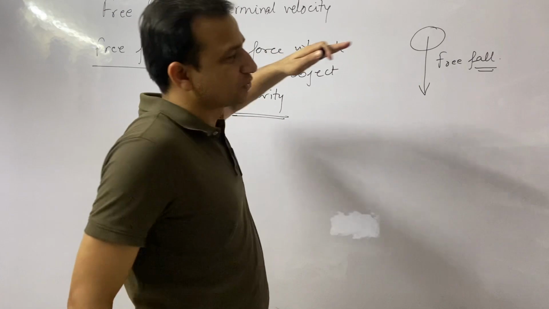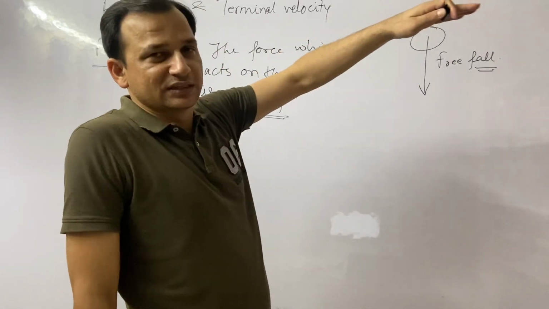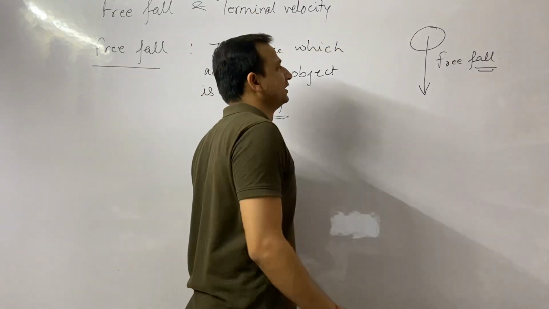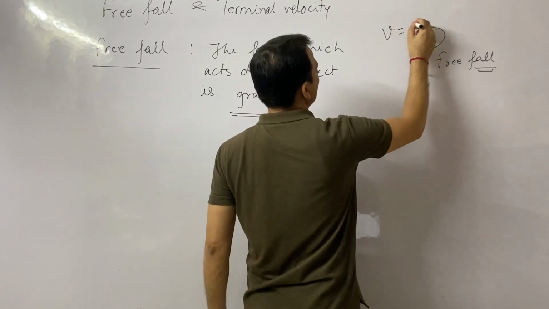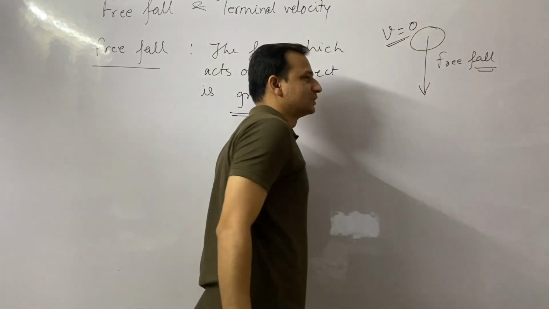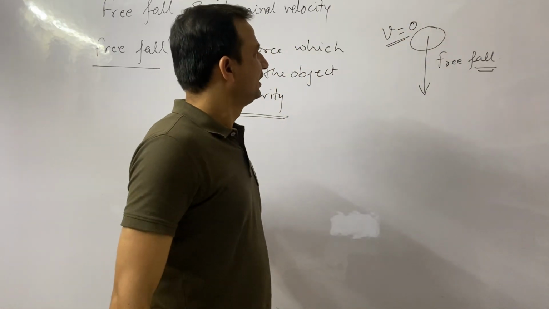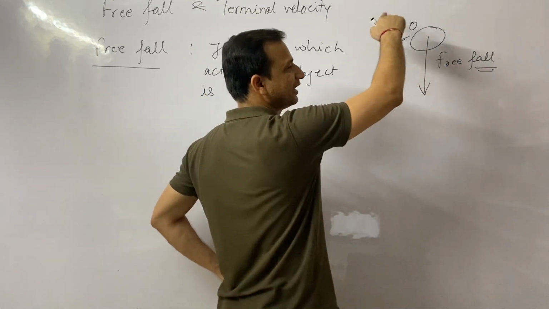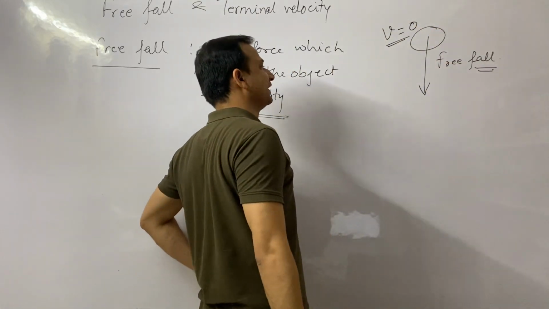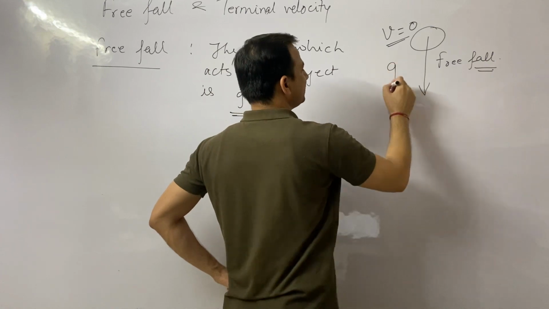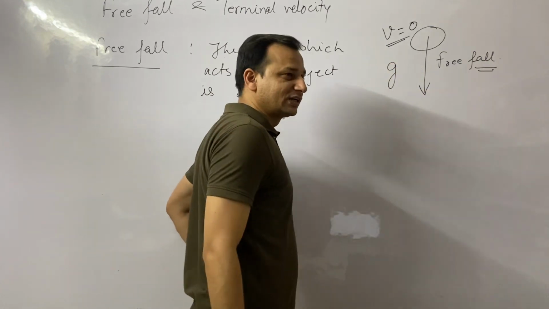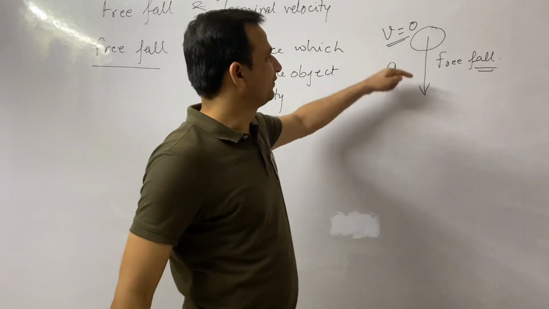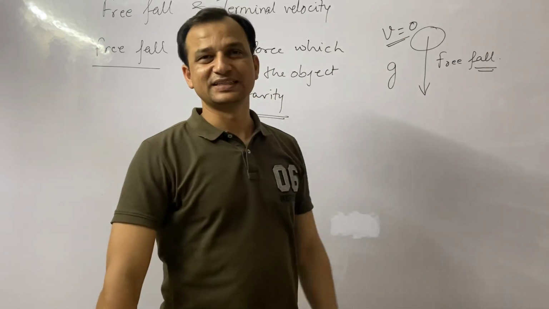If the plane is going horizontally, then the vertical velocity will be 0. V is equal to 0. And once the skydiver jumps from the plane, because of the acceleration due to gravity, his velocity will keep on increasing.